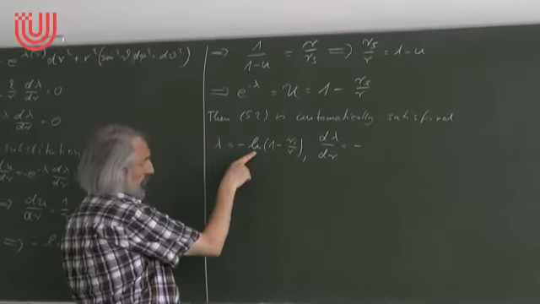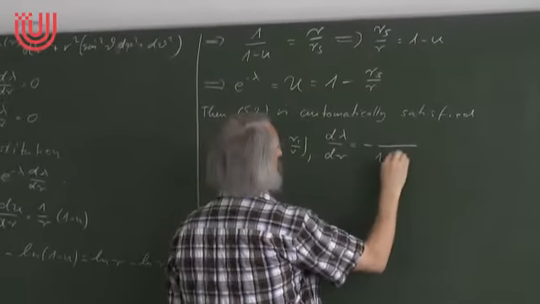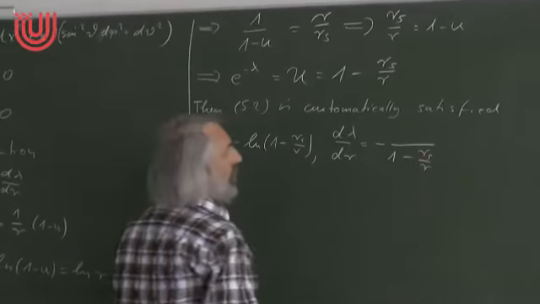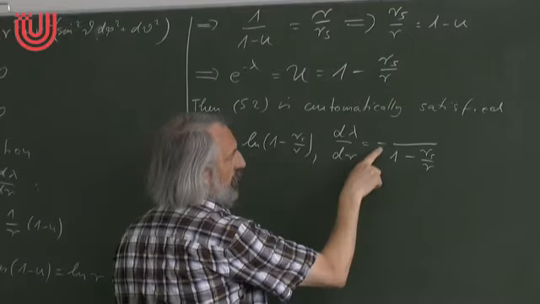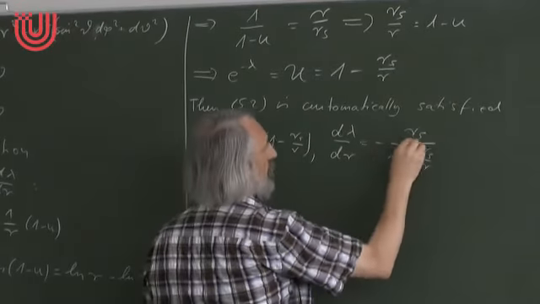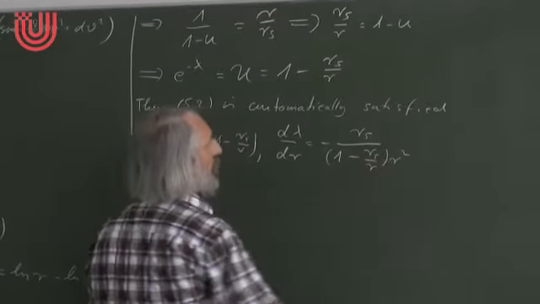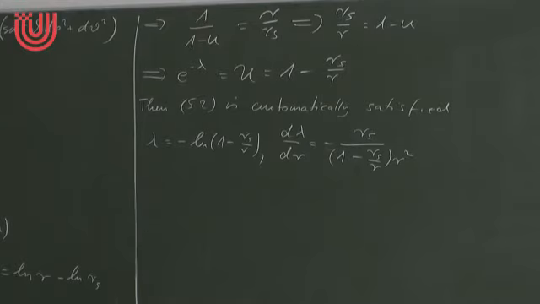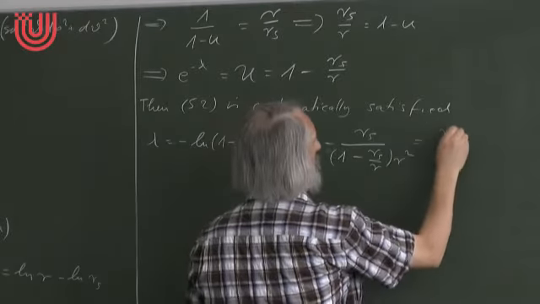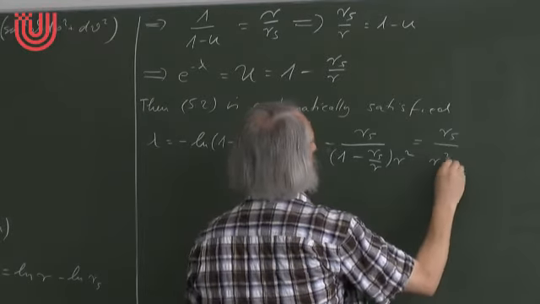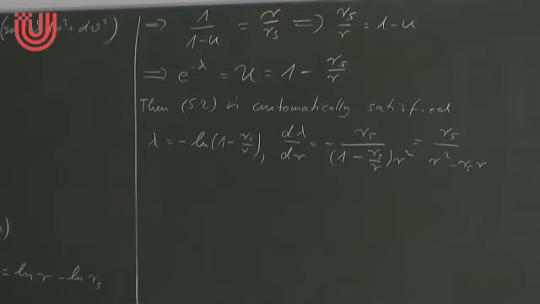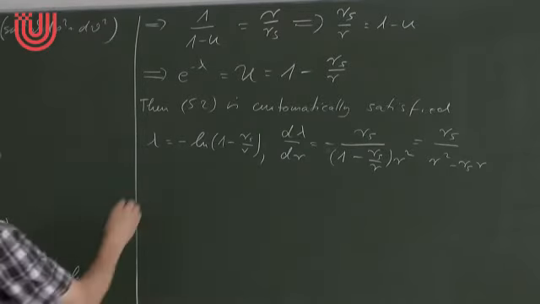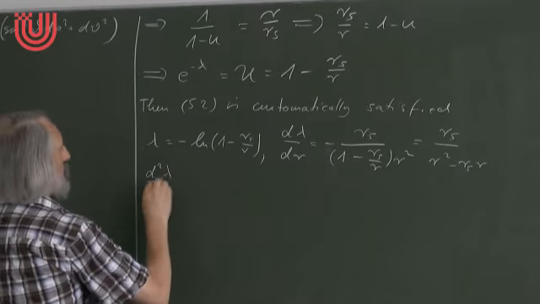If I differentiate the log, I get 1 over, and if I differentiate this here, I get minus minus, so the sign remains unchanged, rs over r squared, which I may also write as rs over r squared minus rsr, which is more convenient for differentiating, because we also need the second derivative. So let's calculate the second derivative.